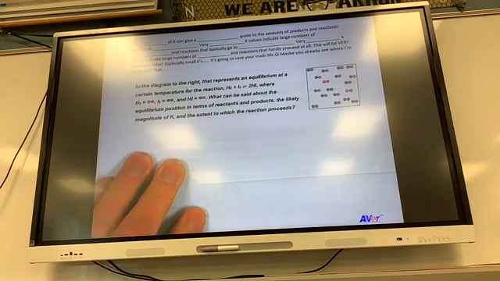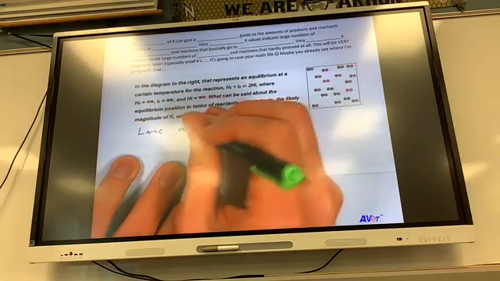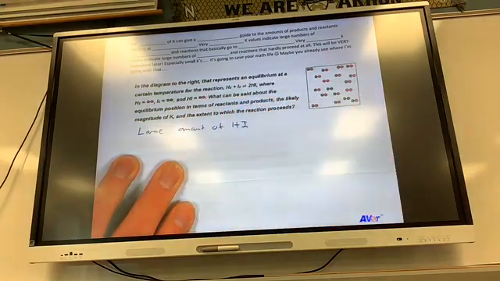The likely magnitude of K and the extent to which the reaction proceeds. So first of all, what is your first observation as you're looking at this picture? There's a lot of HI. The first thing I would notice is that there is a large amount of HI.